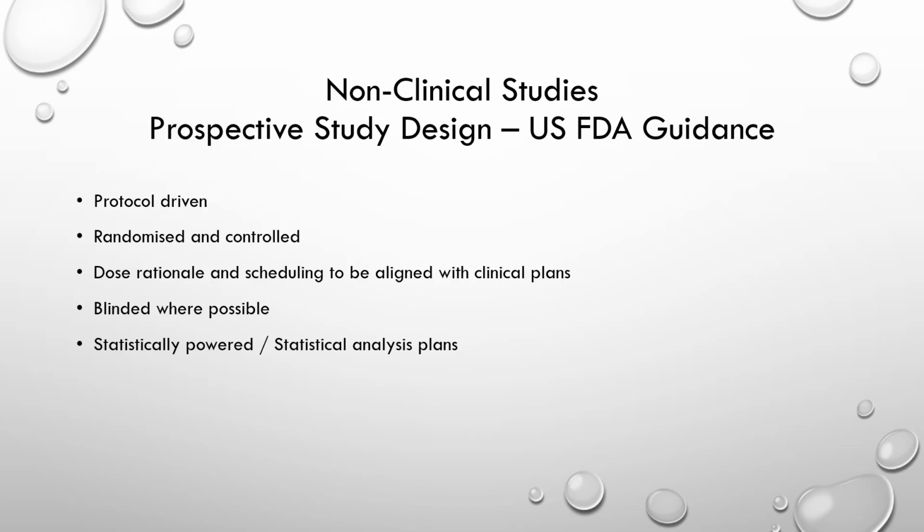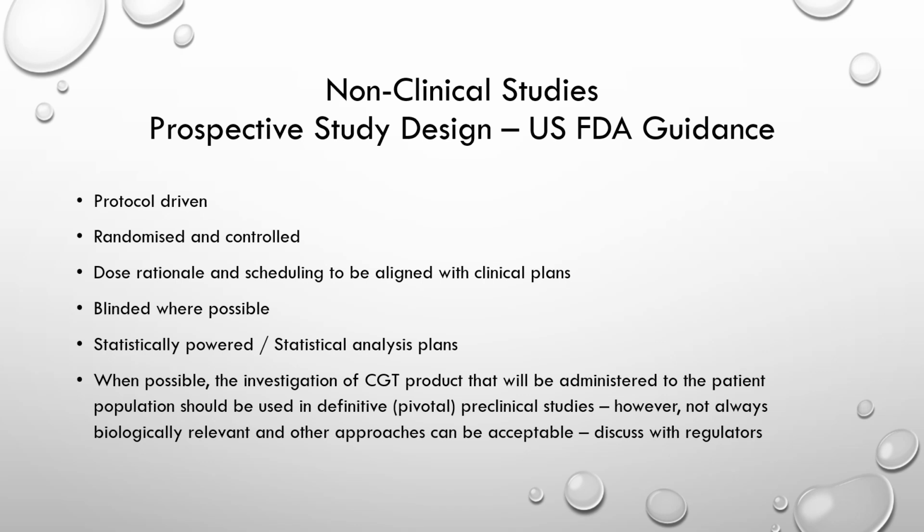And again, you're statistically powered. You have to have a certain number of samples, or numbers of animals, to ensure that it is statistically relevant, and you have to have a p-value.